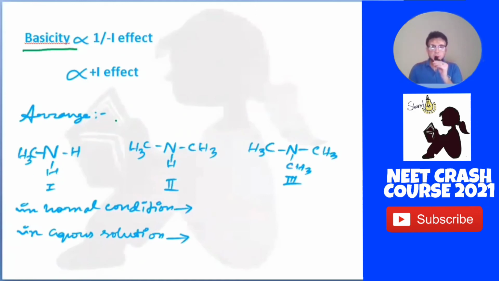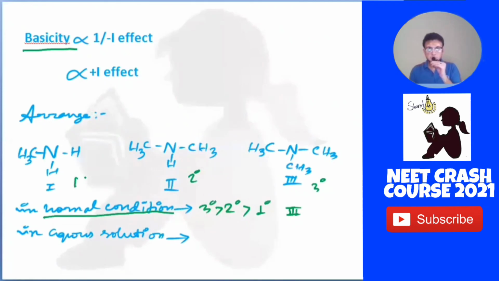Now there is an order, that is in normal condition 3 degree greater than 2 degree greater than 1 degree.